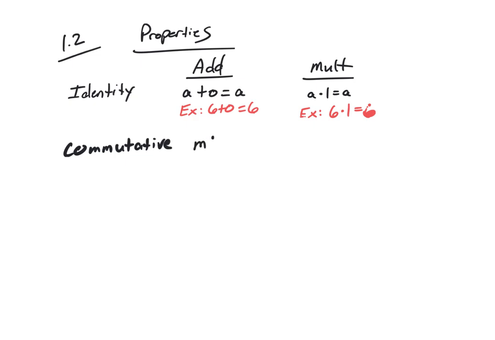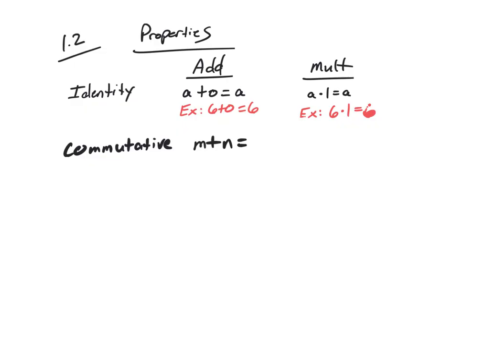Let's do m plus n. If I break down the word commutative, the word you have probably heard before is commute. For instance, I live in Hutch, but I work in Buhler, so I commute from Hutch to Buhler every day for work. And so commute means to go back and forth.